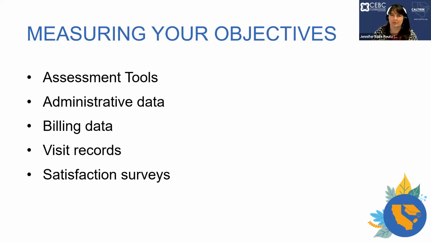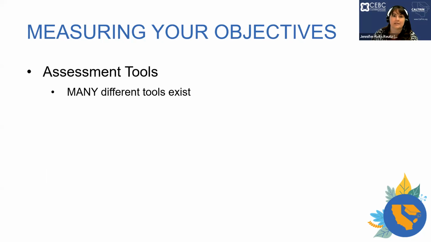I'm like, yeah, data goes along with evaluation. So there are some major ways that you can measure your objectives. We're going to talk about 5 today. There's tons of different ways, but here's a few. Assessment tools, administrative data, billing data, visit records, and satisfaction surveys. We're going to talk about the pros and cons of those.